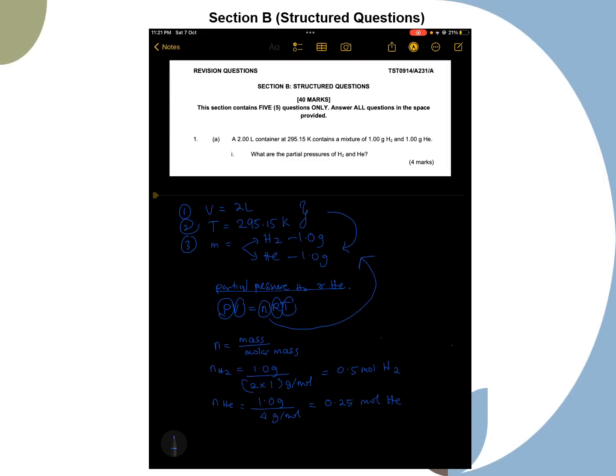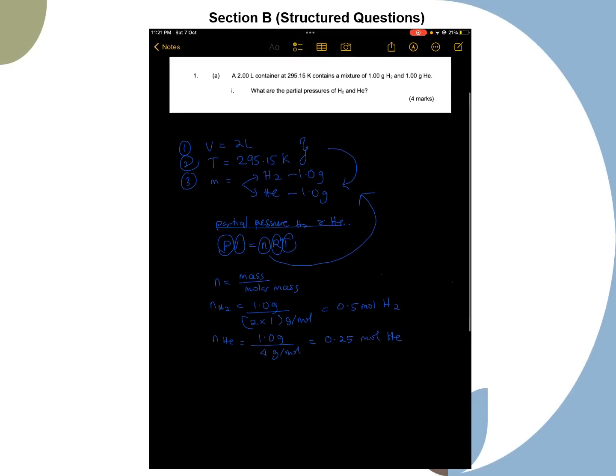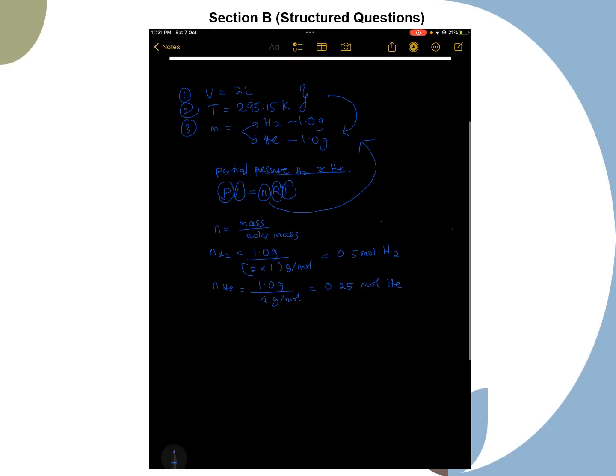After you have calculated the mole, what we need to do is substitute in the formula. Let's calculate the partial pressure of H2 first. So now, nRT divided by its volume. You just substitute the value of n for H2 that you calculated before, 0.5 moles, times the temperature.